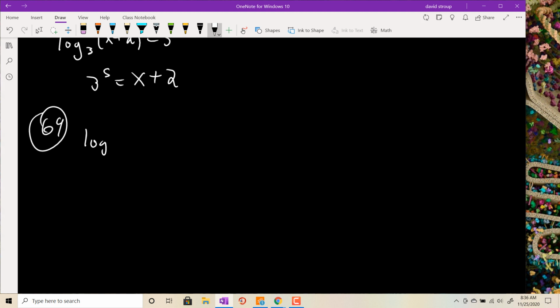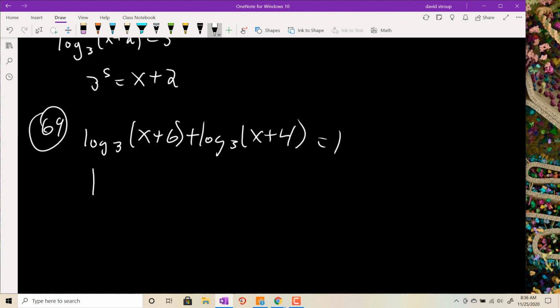So we have log base 3 of x plus 6 plus log base 3 of x plus 4 equals 1. Okay, so I'm first going to combine the 2 logs together using the product rule. So you'll have x plus 6 times x plus 4 inside the log. Then you use the definition of logs.